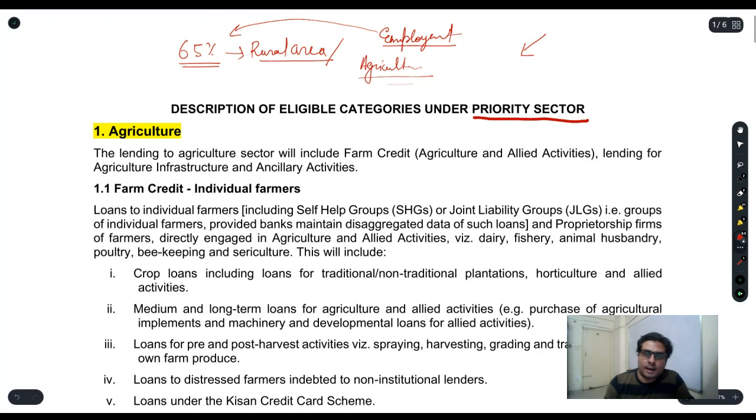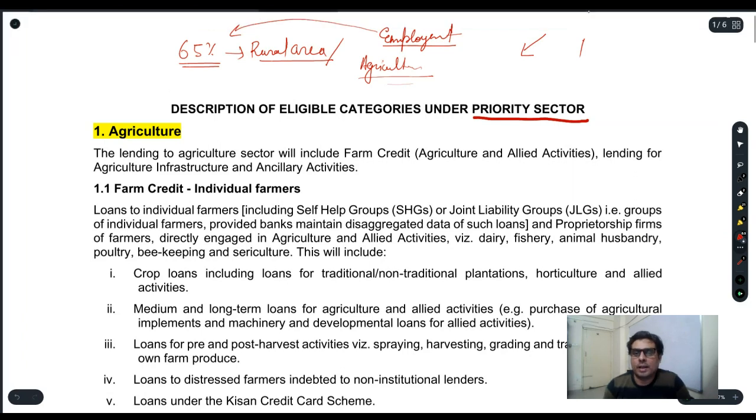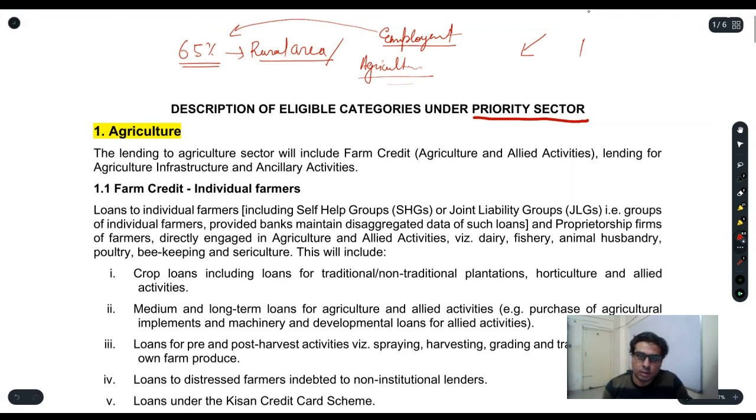That is why RBI, which is always on the forefront of providing the development activities in India, supervises it, and wherever it is required, provides the credit and finance.